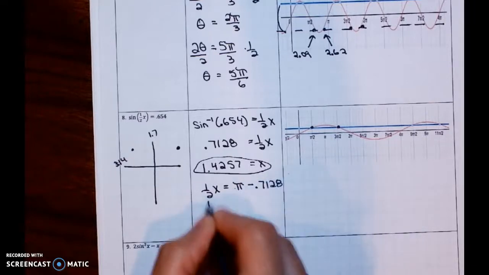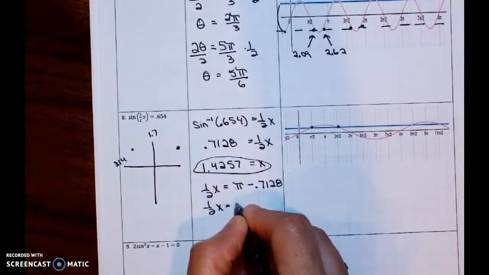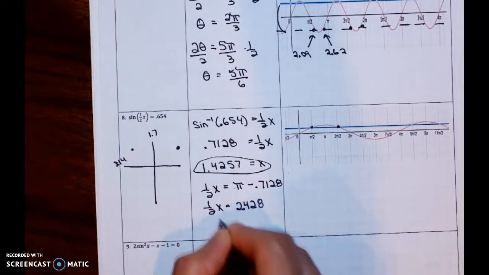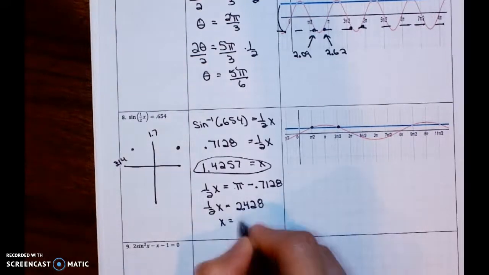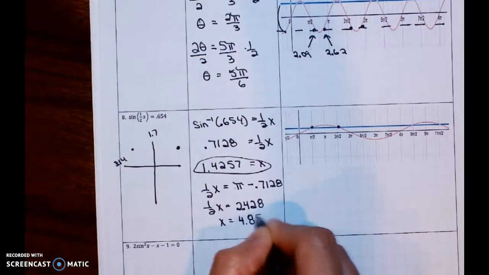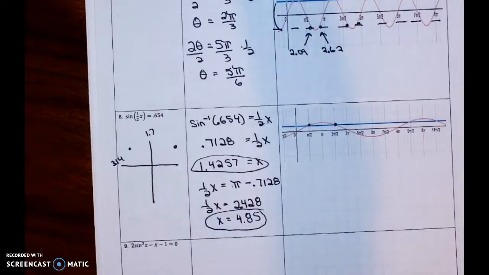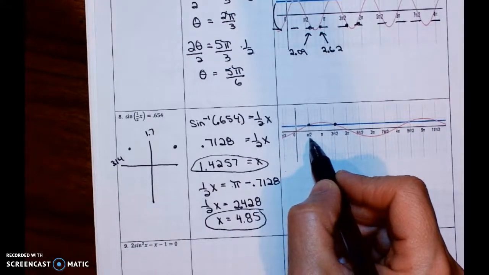Let's go ahead and do that on our calculator. Well, that's 3.14 divided by 2, which is about 1.7.